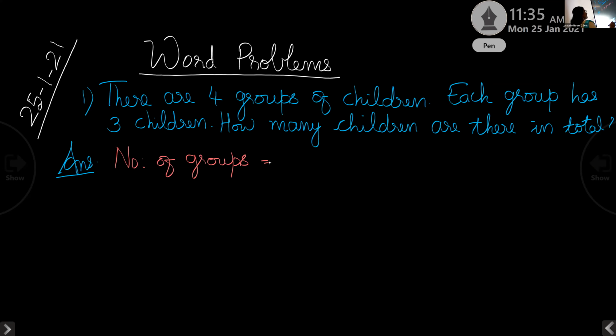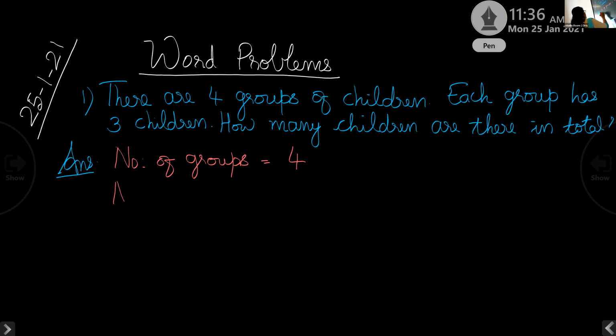Afreen, number of groups is equal to? How many groups are there? 4 groups. Good. It is already given in the question. There are 4 groups of children. So number of groups is equal to 4.